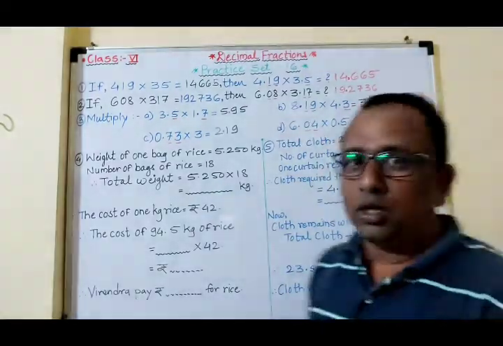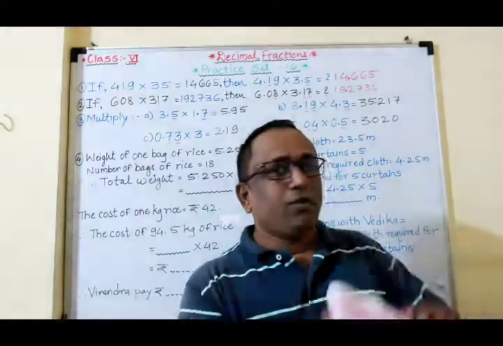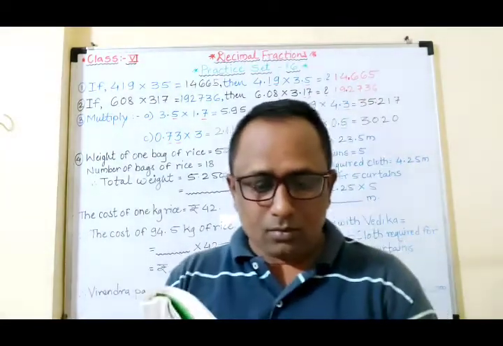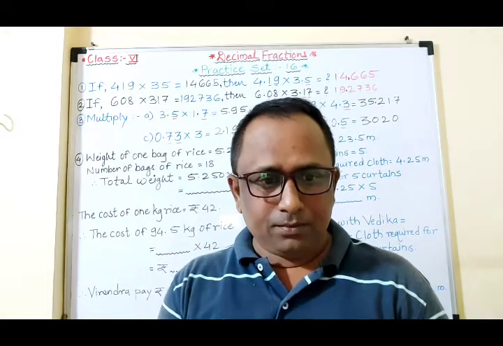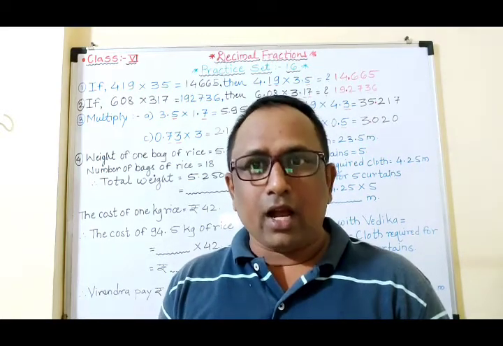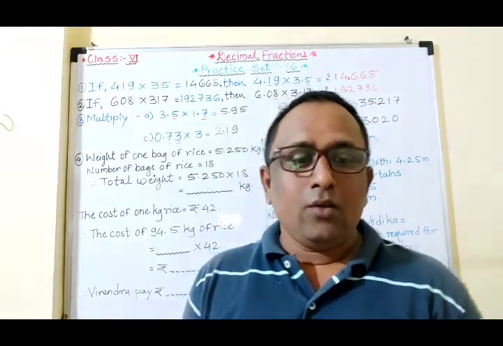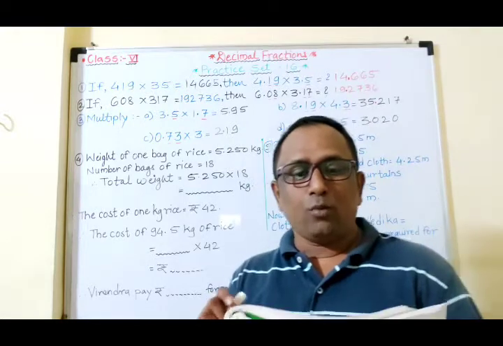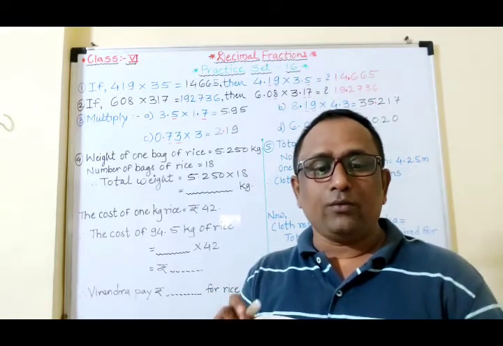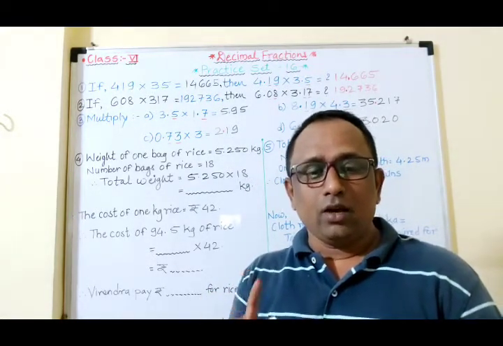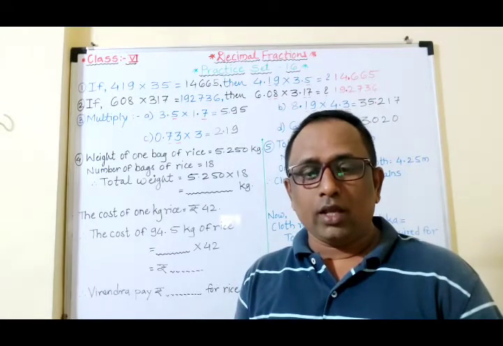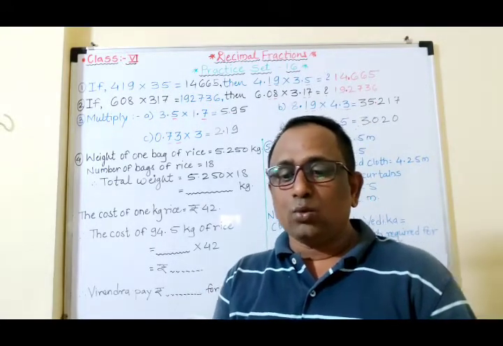Okay, now we'll move to the next example, that is fifth example. Vedika has 23.50 meters of cloth, okay, she used it to make 5 curtains.